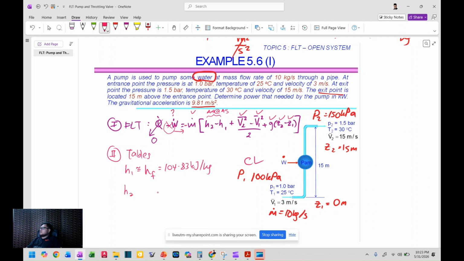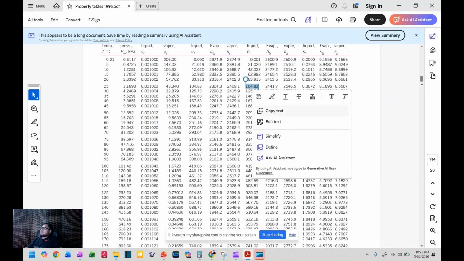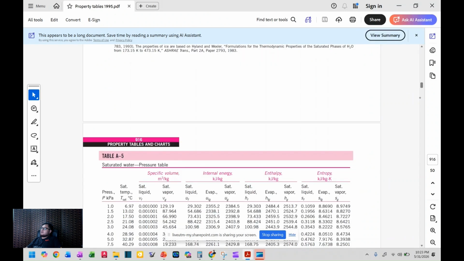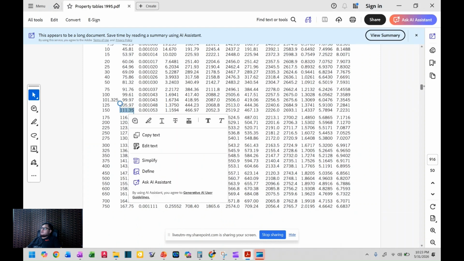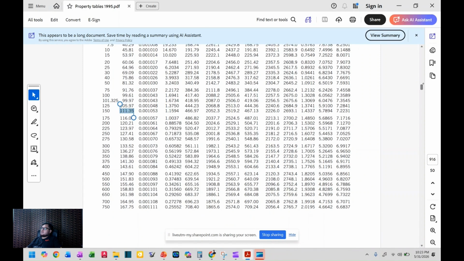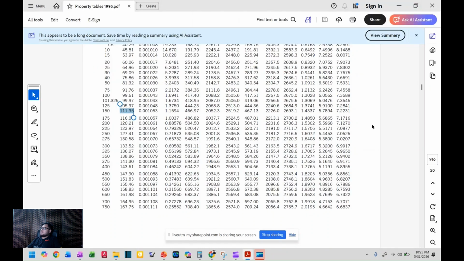H2, the conditions are 150 kilopascals and 30 degrees centigrade. So let's look at 150 kilopascals in A5. Okay, at 150 you have 111 degrees Celsius, but you only have 30, right? So it's definitely a compressed liquid.